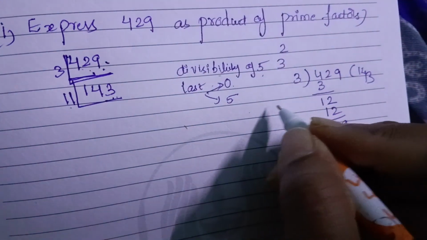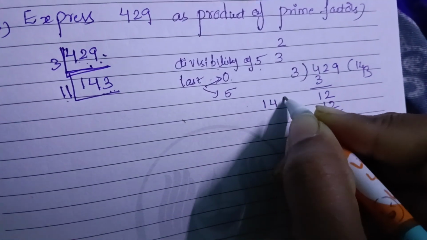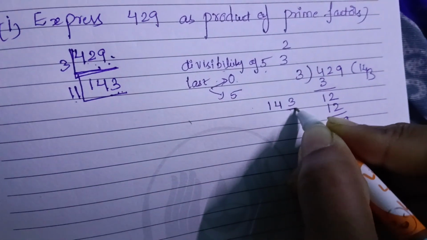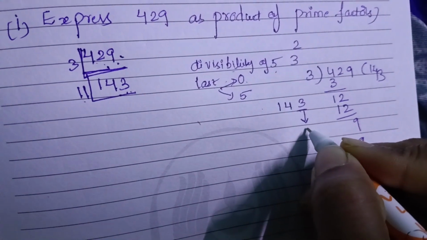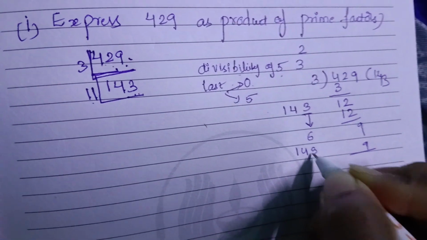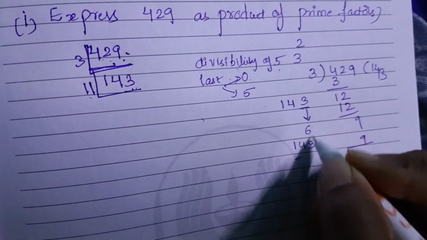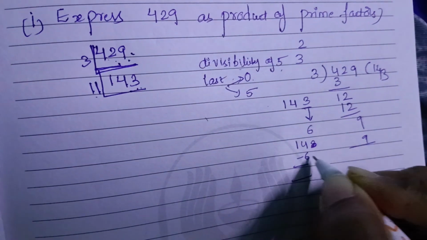I think you know the divisibility rule of 7 also. See, 143, right? Take the last digit and double it. 3 plus 3, how much is it? 6. Now subtract this 6 from the remaining two digits. 14 minus 6, what is it? 8.